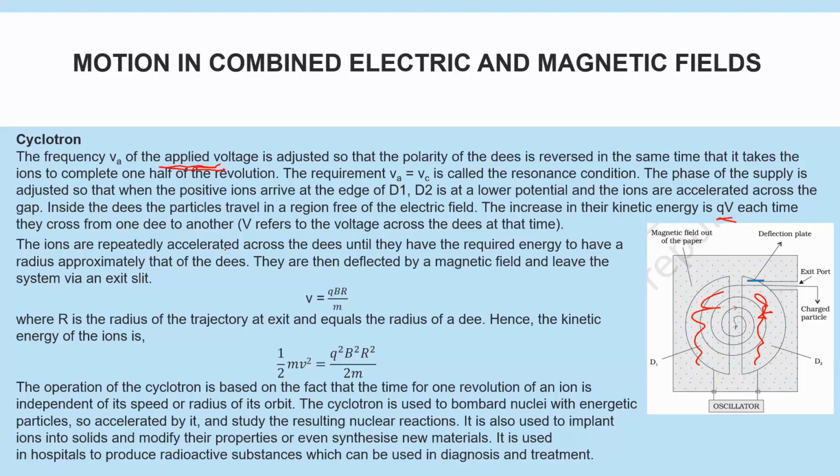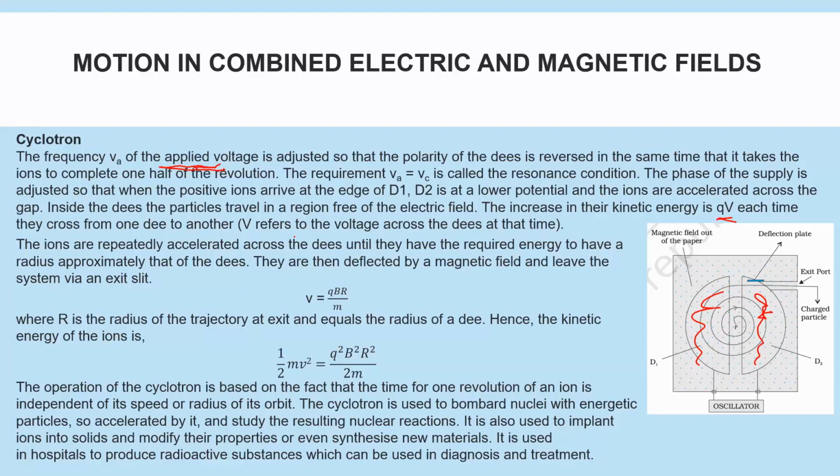So the ions are being repeatedly accelerated until they get the required energy to have a radius approximately that of the Ds. Okay, so when they have a radius approximately similar to the Ds, it will get deflected by the magnetic field.